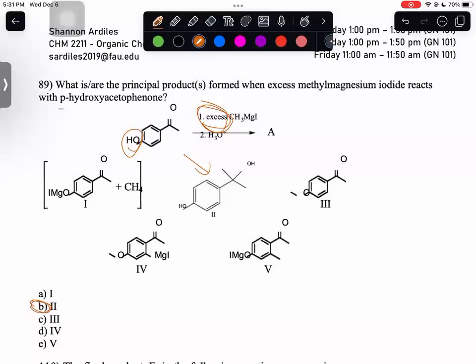Remember, whenever we have anything acidic, Grignard's, instead of acting as a nucleophile for the reduction, acts as a base. The answer wouldn't be 3. It would just be the same, because of the H3O. It would be 3, but without the group that's floating around on the left side.